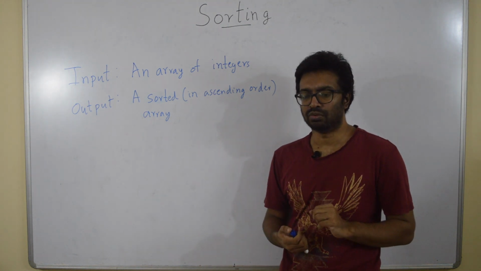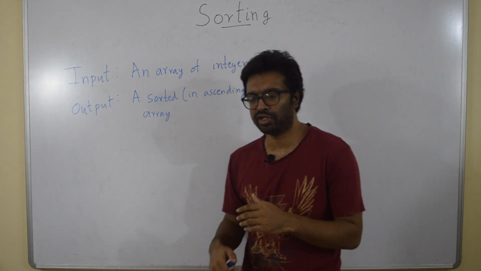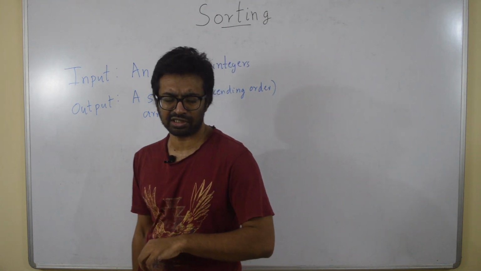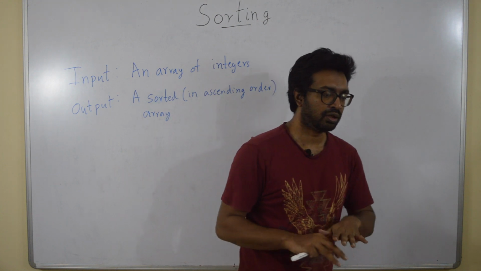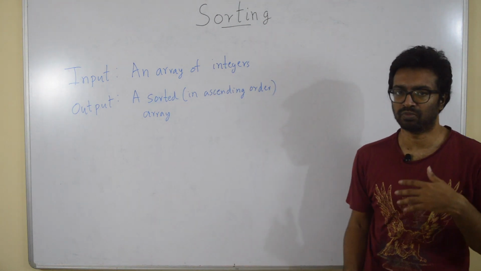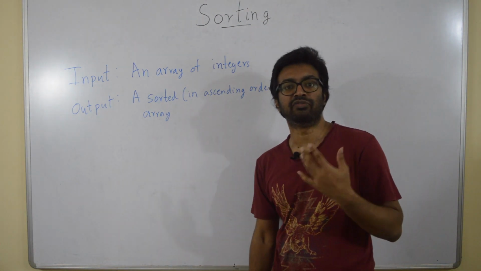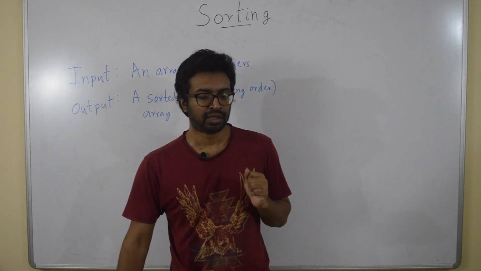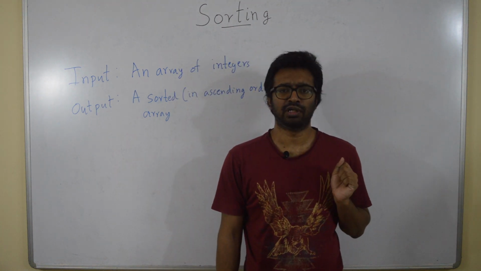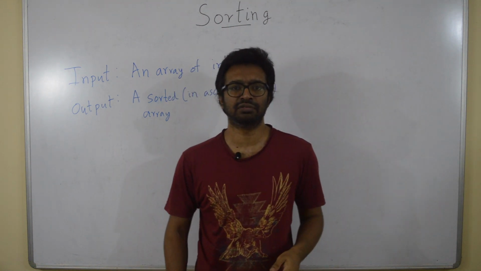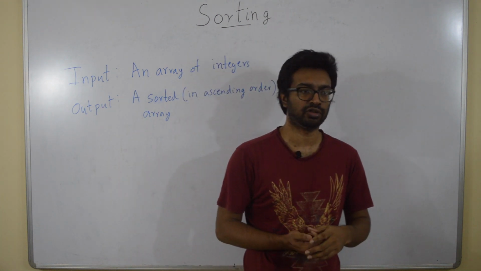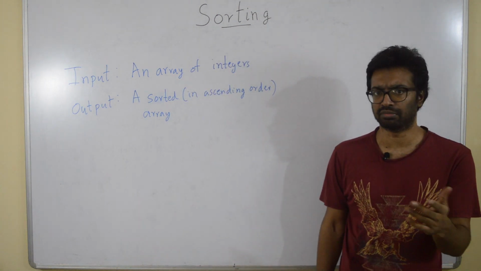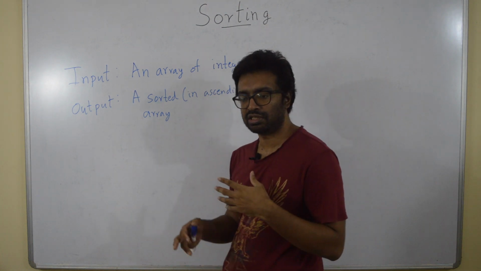Right, now before we get into specific sorting algorithms, let's do a brief overview of why we require sorting and the different types of sorting. First of all, have you used an Excel sheet or a Google sheet, or if you are using a Mac, something called Numbers?